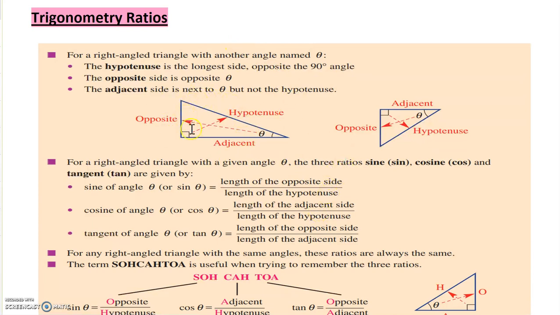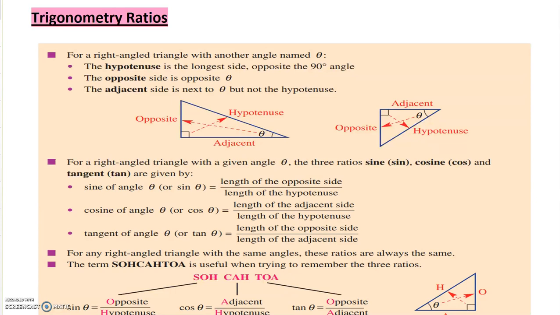Firstly, the main thing is to identify the sides of the triangle, which we have learned already: the hypotenuse, the opposite and the adjacent side. This goes back to when we did Pythagoras, and when one of the angles is labeled, the angle over there is theta.